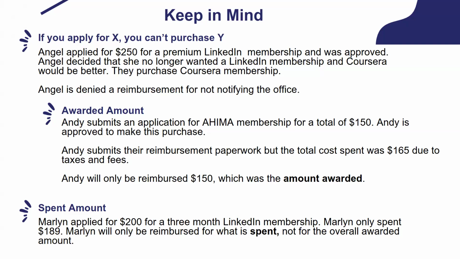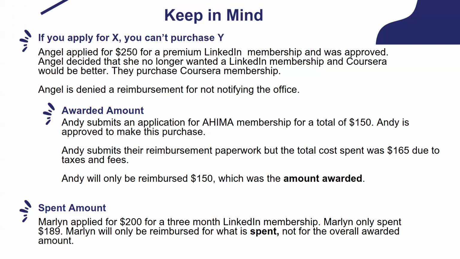The last part is Marilyn applied for $200 for a 3-month LinkedIn membership. But Marilyn only spent $189. Marilyn will only be reimbursed for what was spent, not for the overall awarded amount. So please also keep that in mind. In this scenario, this student got a discount. This is a real scenario.